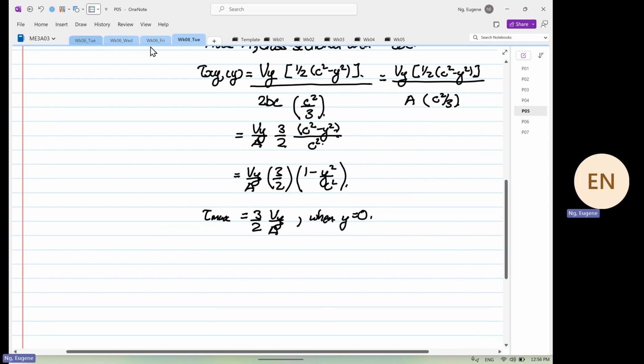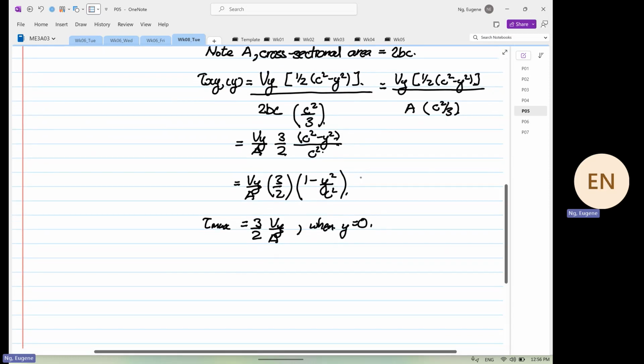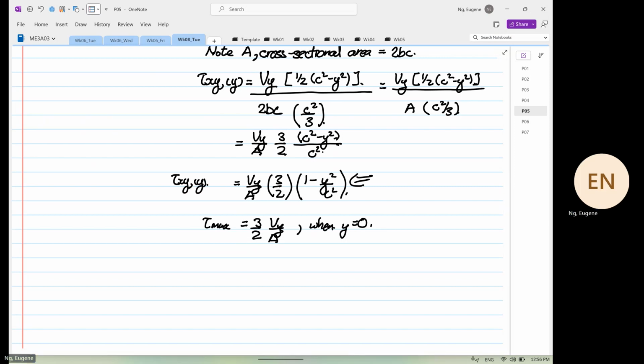From this expression, shear XY as a function of Y, as you can see, this expression is a second order polynomial equation.